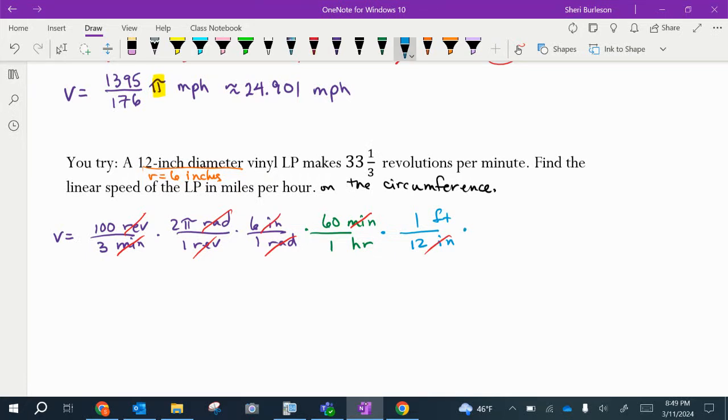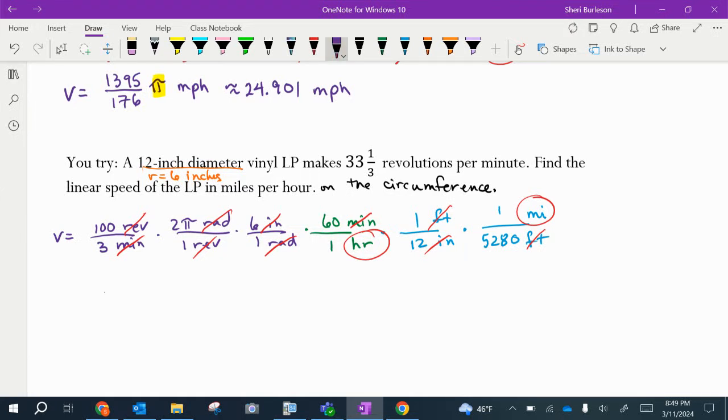I want to be in miles per hour. So I need to divide out feet and convert to miles. So it is 1 mile is 5,280 feet. And if I reduce, I am now in miles per hour. That is my units of measure that are left.